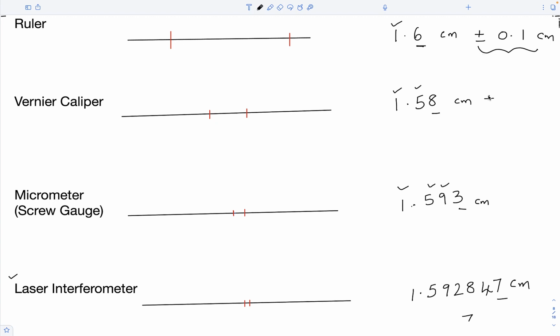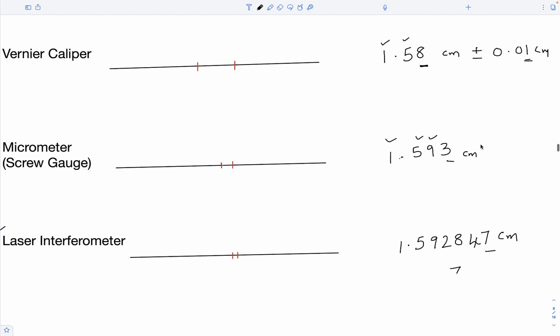And in this case, the implicit uncertainty is 0.01 centimeters because here the doubtful digit is in the 100th place. So there must be a 1 in the 100th place of the uncertainty, and the rest of the digits must all be zeros.